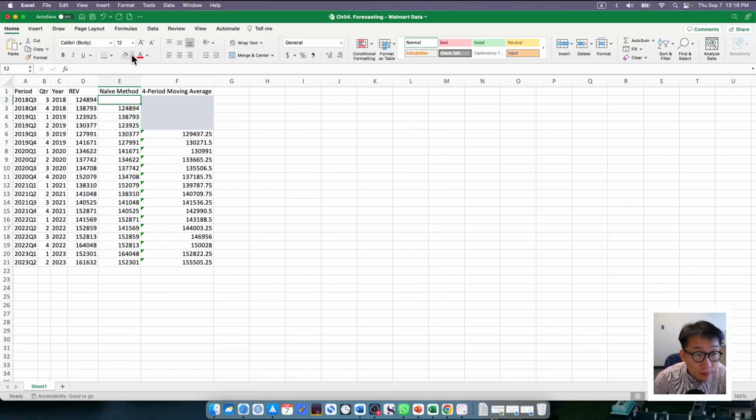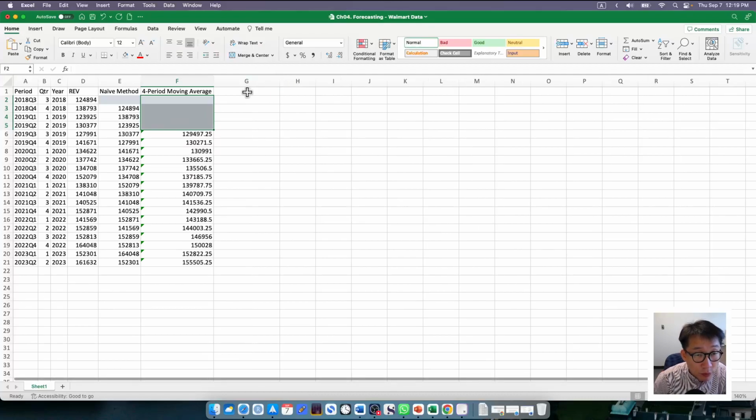I'm highlighting the first row in the naive method and the first 4 rows in the 4-period moving average because we don't have anything for the first period in naive method, and we don't have anything until we get to the 5th period in 4-period moving average.